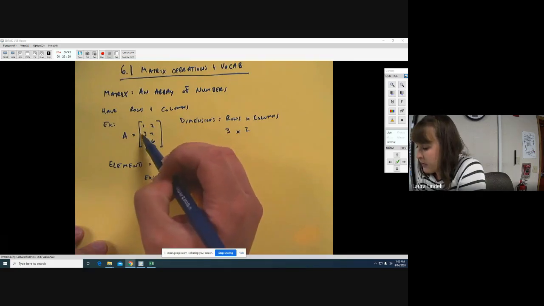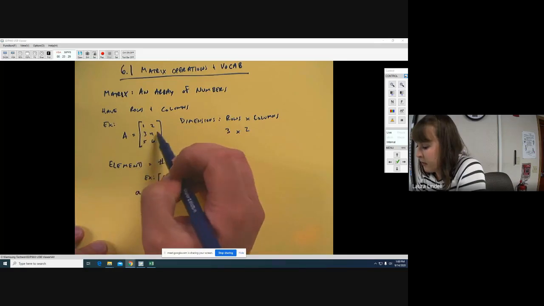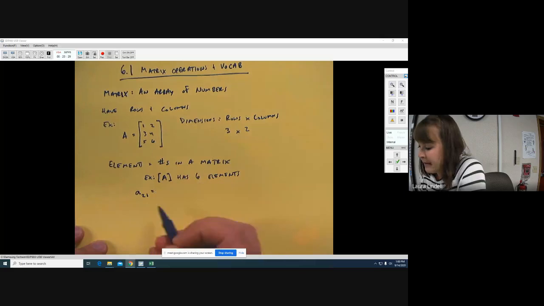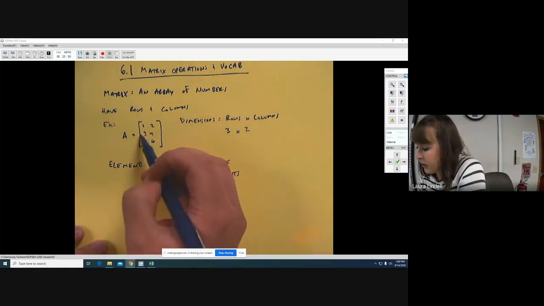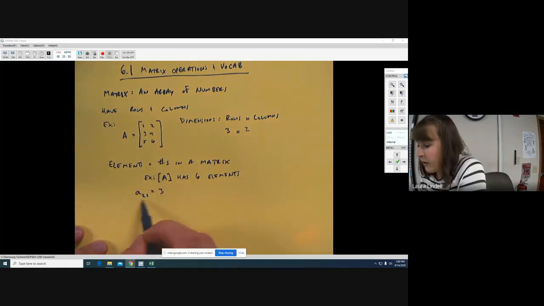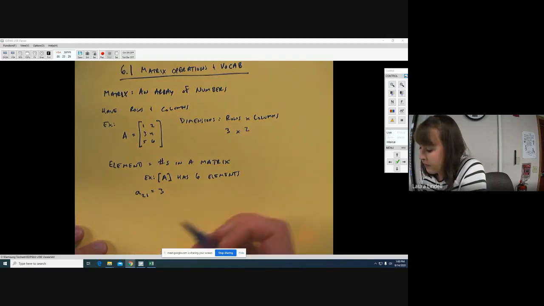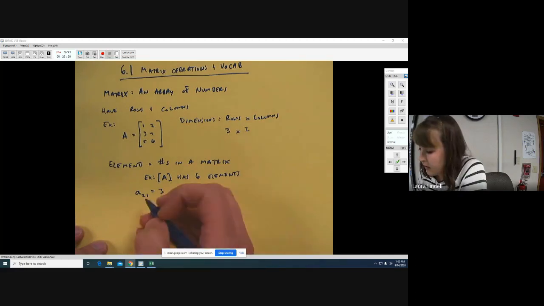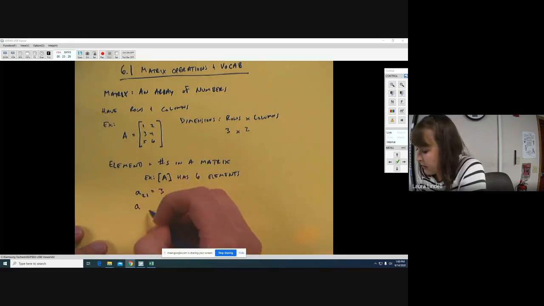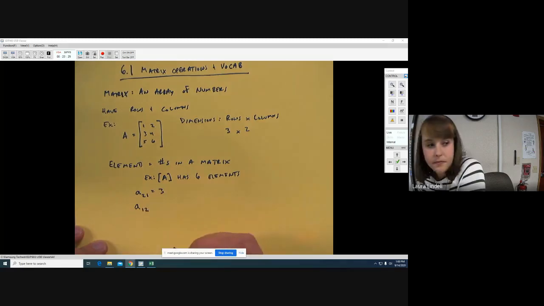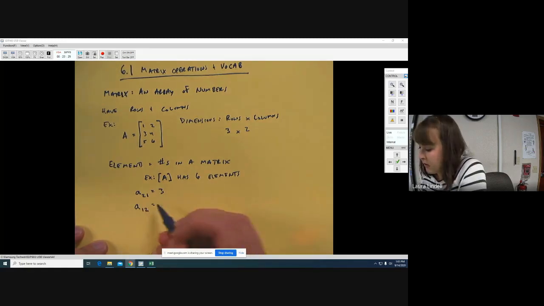The first column corresponds to this column. So 3 would be the element that is in the second row, first column. So that's how I would call out that specific one. If I wanted to call out, let's see, 1, 2, then that would be the first row, second column.